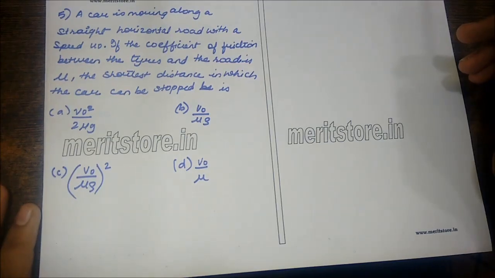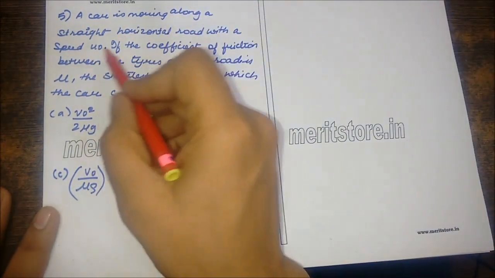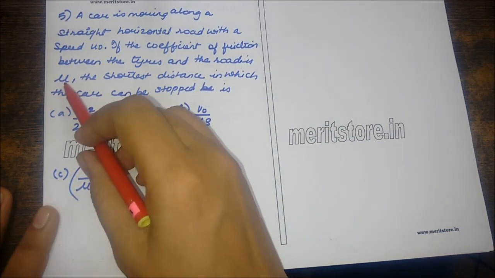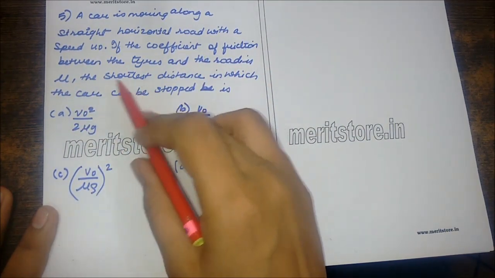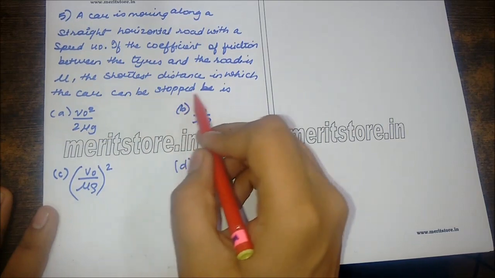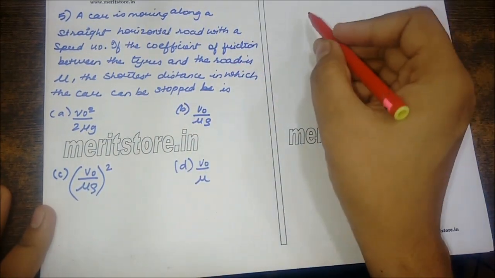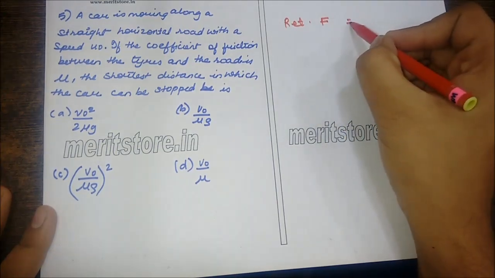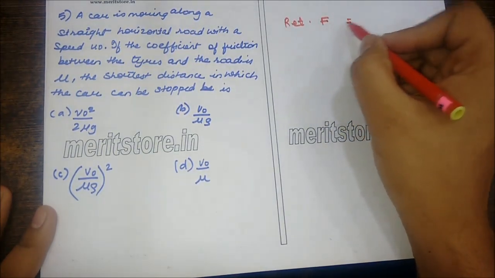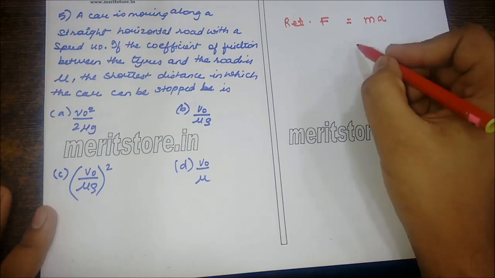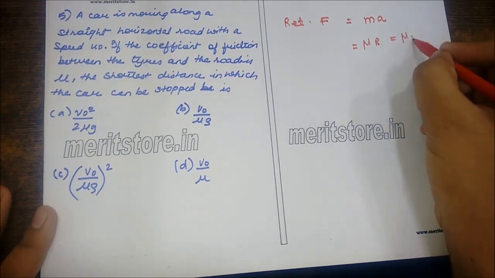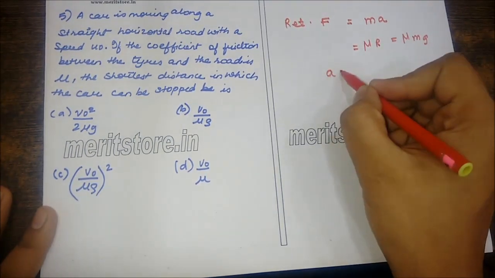Question 5. A car is moving along a straight horizontal road with a speed u0. If the coefficient of friction between the tires and the road is mu, the shortest distance in which the car can be stopped is. Now to solve this question, we know retarding force F is equal to ma, which is equal to mu R, is equal to mu mg. a is equal to mu g.